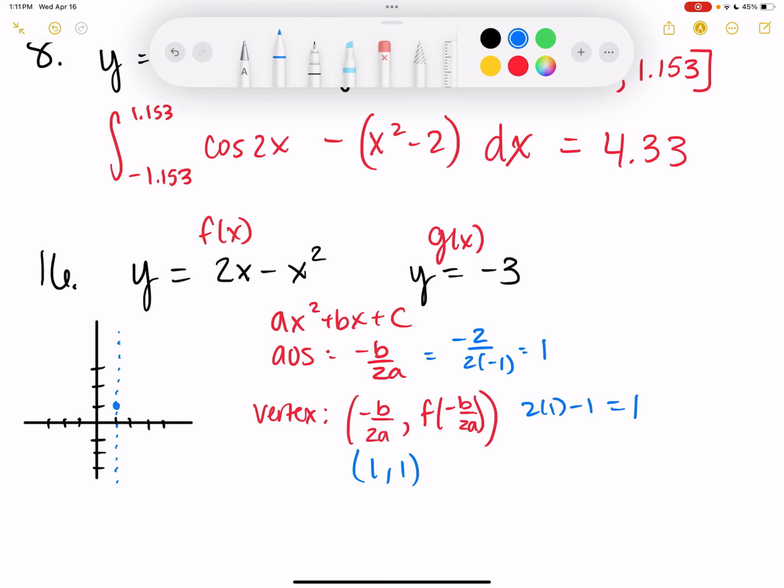How about choose another x value that's not on the axis of symmetry? Maybe like 0. So if I plug in 0 for x, what do I get? 0. So then if I'm 1 away on the left, this is an axis of symmetry, so I also have to be 1 away on the right, so there's also a point there.